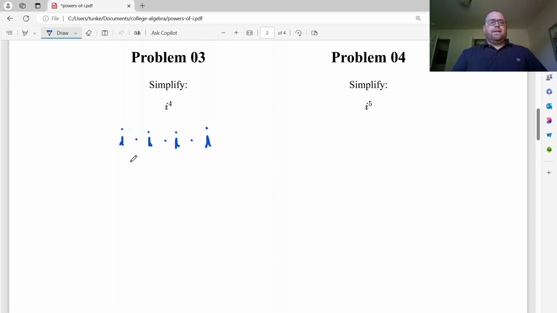So i times i, we know this is i squared. This is -1. And we have another i times i, so that's -1. So we have -1 times -1. A negative times a negative is a positive. So we just get +1. i to the fourth equals +1. That's a real number also.